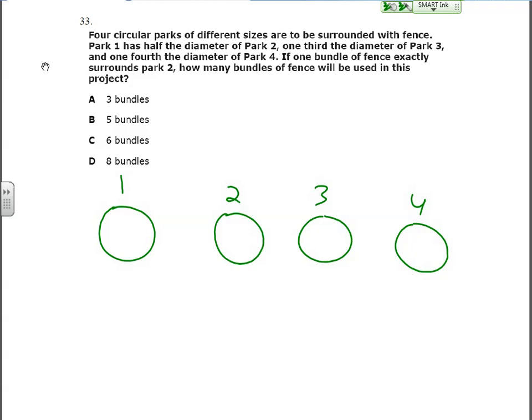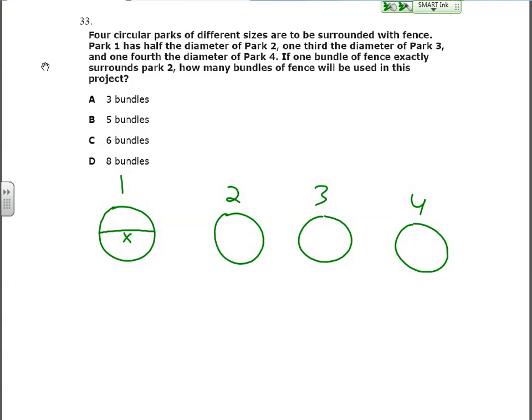Since Park 1 is related to all other parks, let's label Park 1's diameter x. Since it's related to all other parks, let's make our easiest one our base value here.